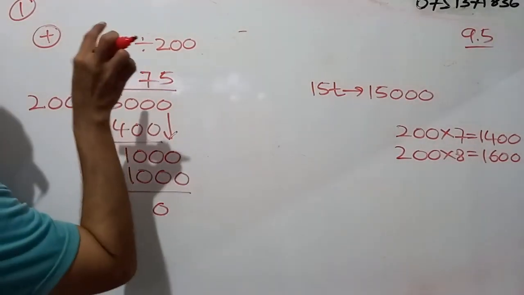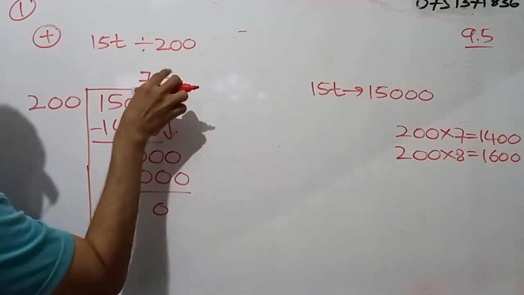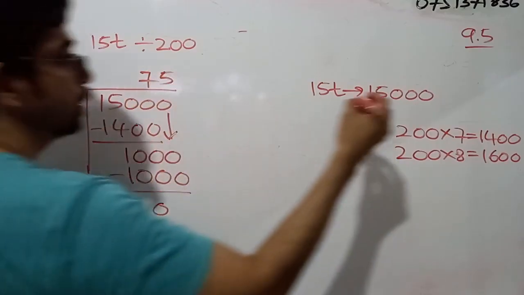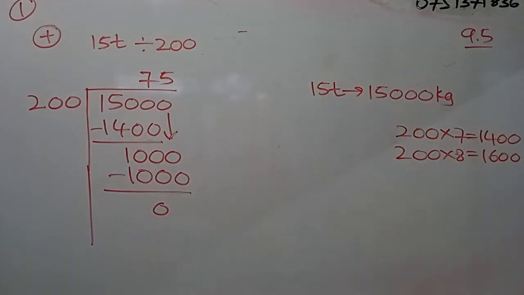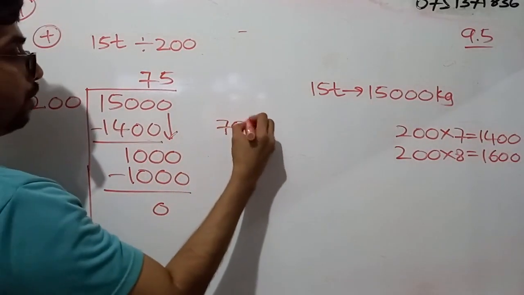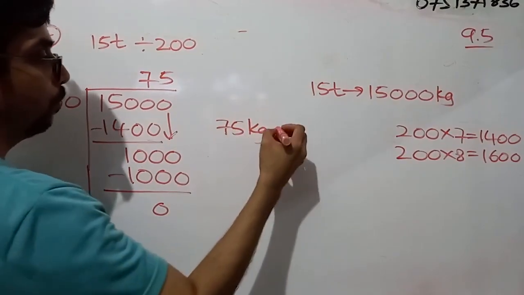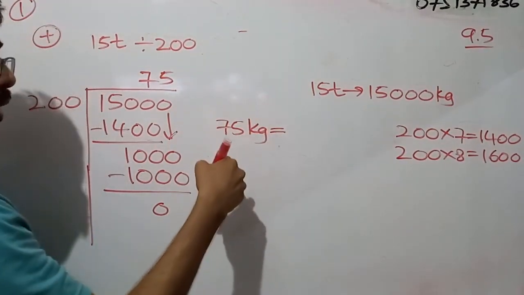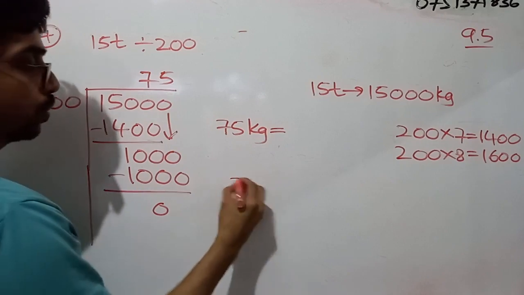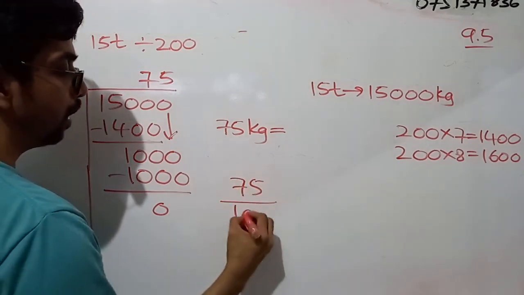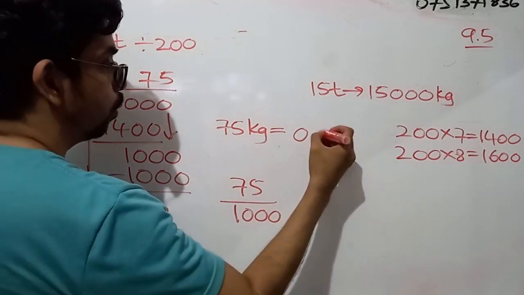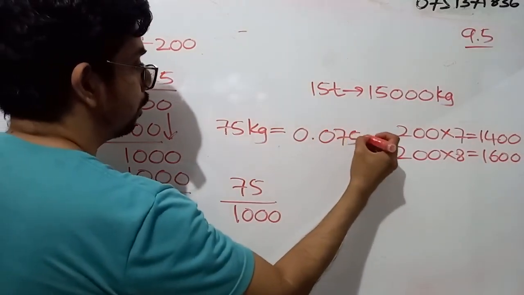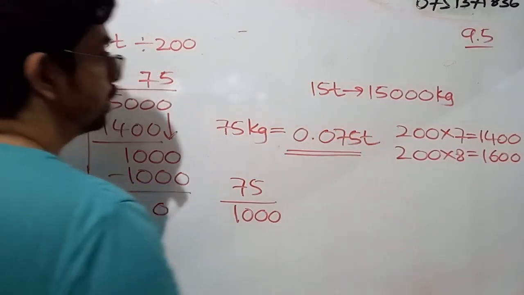So when we divide 15 tons by 200, or in this case 15,000 kilograms by 200, we get what? 75 kilograms. Now we have to convert this value into what? Tons, no? So 75 we have to divide by 1,000. So this will be what? 0.075 tons. So that is the answer.